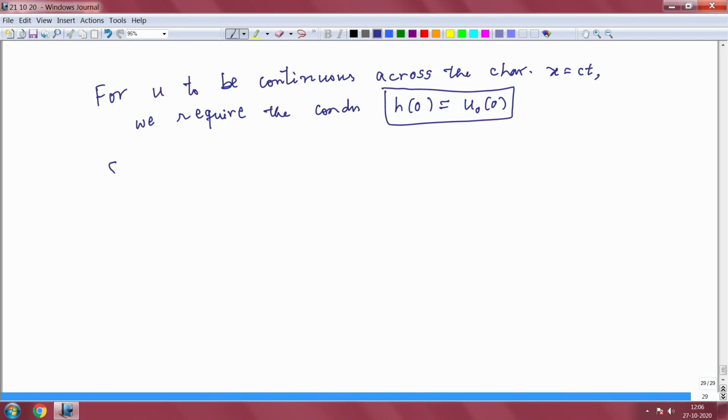So, similar limits can be obtained for u to be a C^2 function. See, this is the minimum thing we require.